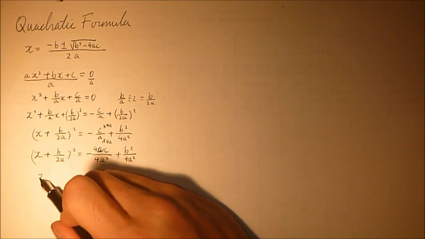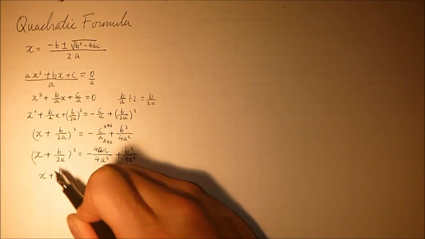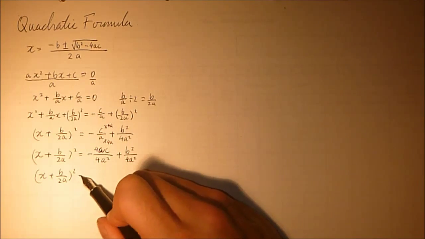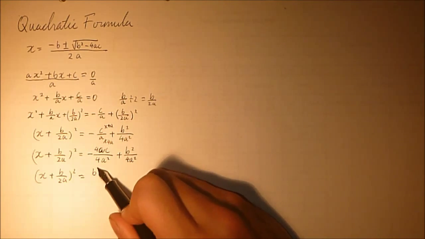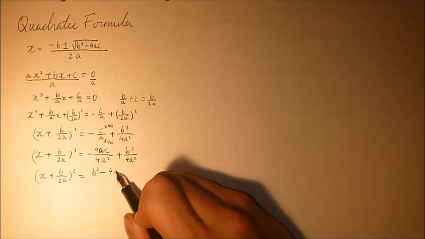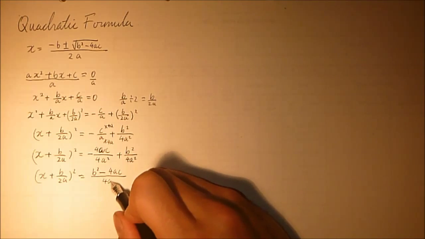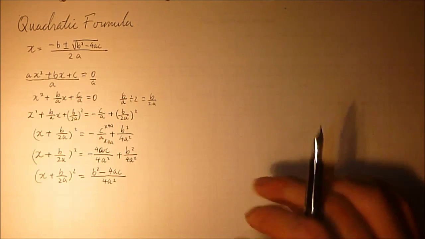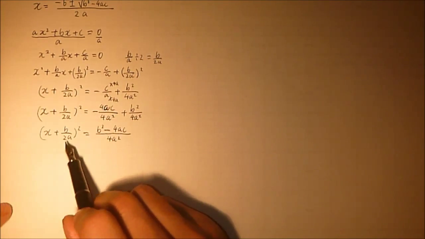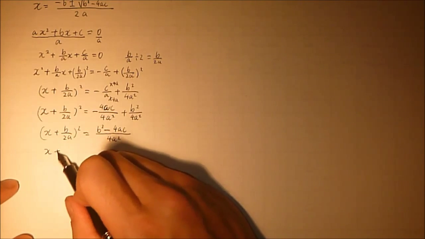And to combine the two, x plus b over 2a, everything squared, equals b squared minus 4ac over 4a squared. Next step, we have to square root both sides.